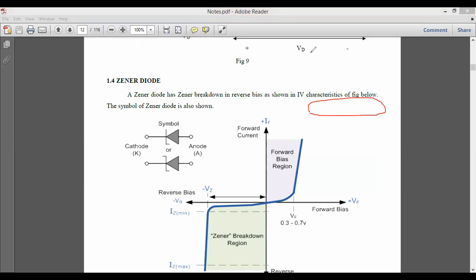The normal PN junction diode operates under forward bias. If it is forward biased, the device is turned on; under reverse bias, the device is off.